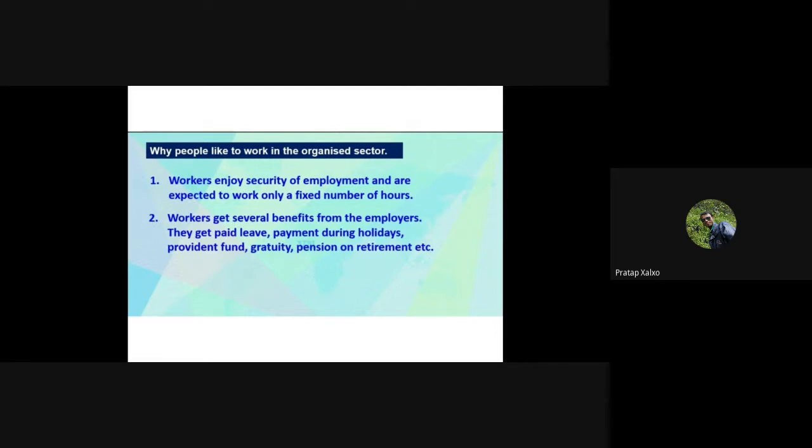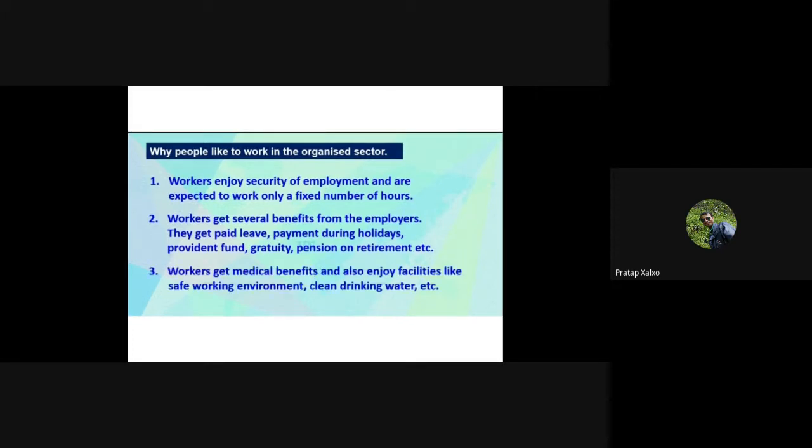Workers get several benefits from the employers. They get paid leave, payment during holidays, provident fund, gratuity, pension on retirement. Workers get medical benefits and also enjoy facilities like a safe working environment, clean drinking water, etc.